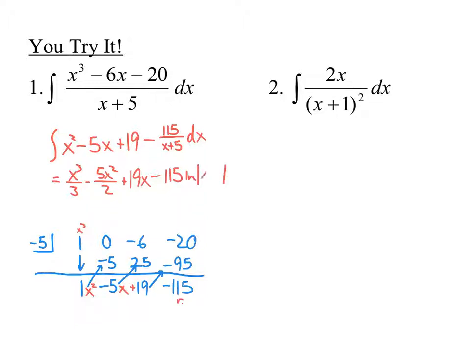X plus 5. The derivative of x plus 5 is just a 1. So we could see that as 115 times 1 over x plus 5. So there you have the u prime over u. And then don't forget the plus c here at the end.